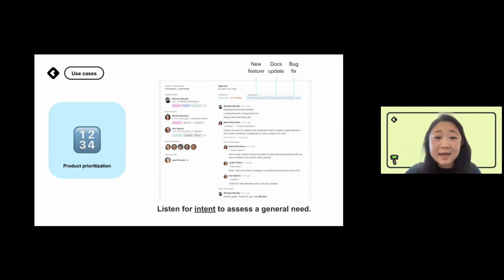Let's say a customer makes a feature request or reports a product bug. As a product leader, that's useful input to signal how I might want to invest my engineering, product, and design resources. Or let's say one or more customers had similar questions in terms of how the product works.